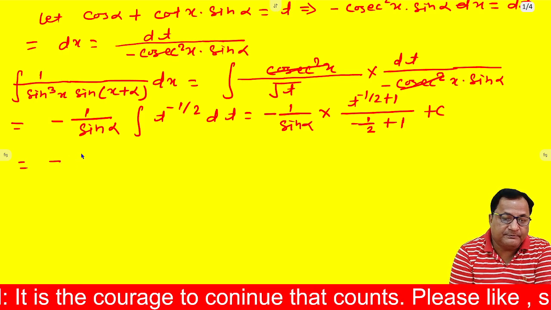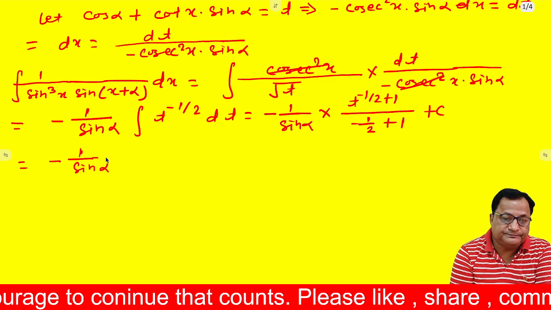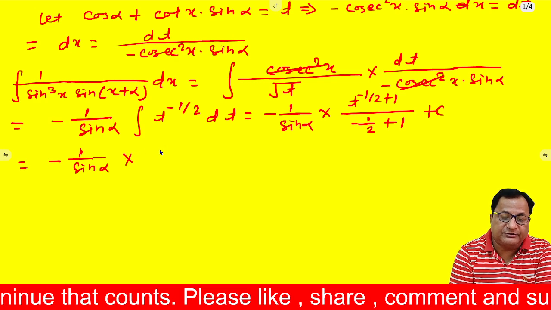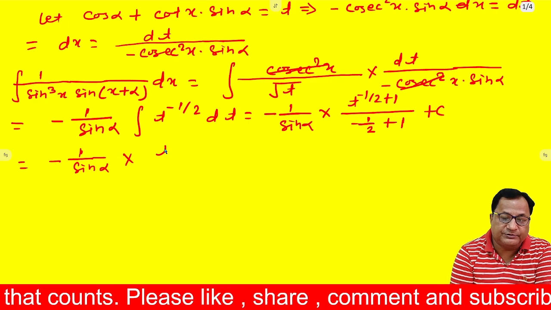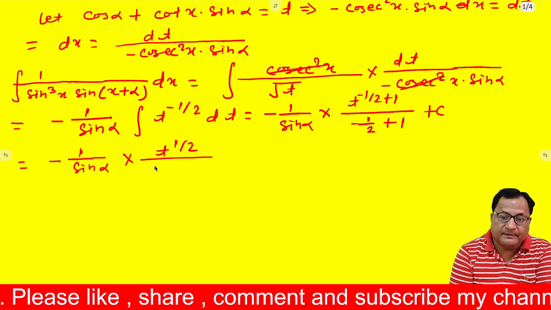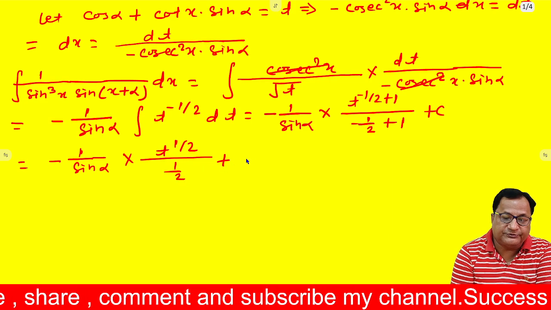This will be minus 1 by sine alpha into t to the power minus 1 by 2 plus 1, value will be t to the power 1 by 2, divided by 1 by 2 plus c.